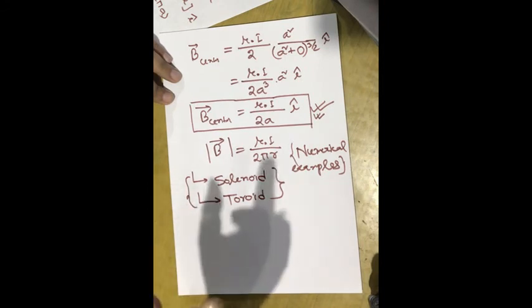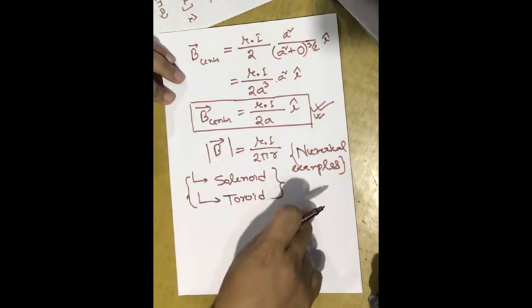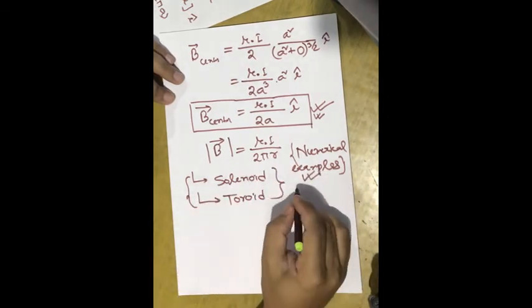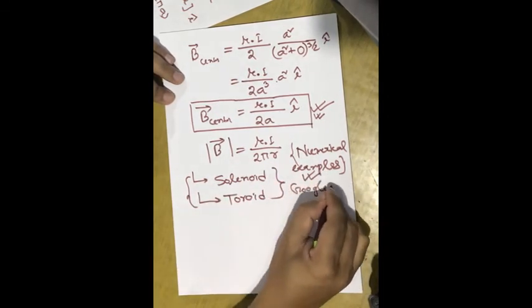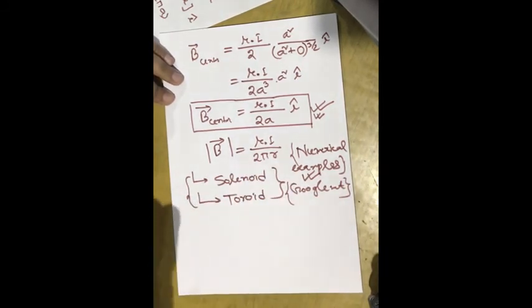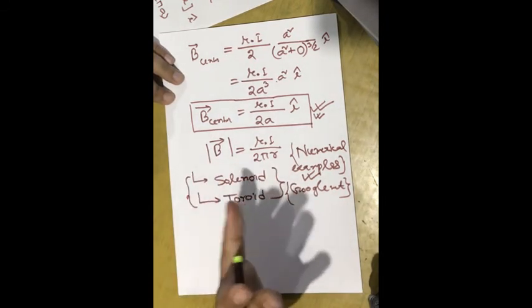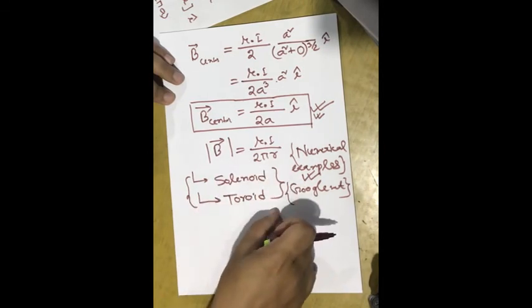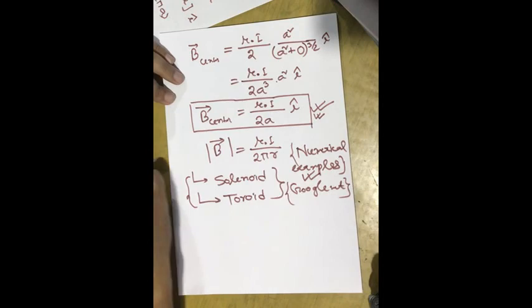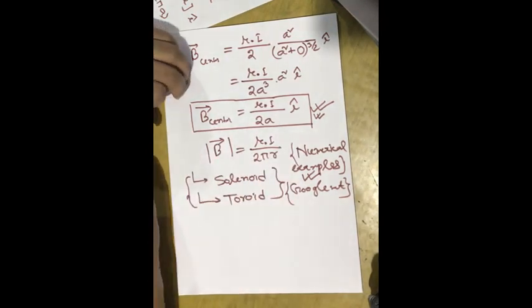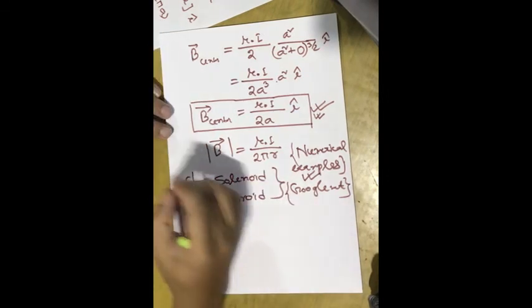In one more class I am going to upload the videos on YouTube, and after that for doing the numerical examples I am going to have you on a Google Meet. On Google Meet we are going to solve the problems, because one-to-one interaction is very important for solving numerical examples. So in the next part of the video I am going to discuss the solenoid and toroid, and after that I am going to do numerical examples in a one-to-one meet on Google Meet. Okay, thank you so much.